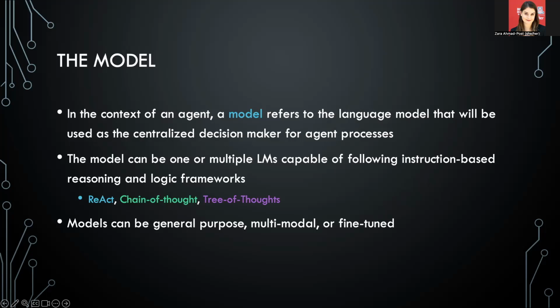You can also have multiple. In something like a GPT model, there's a moderation service. Is that the responsibility of the agent? Would the agent be the one filtering for things like that? That's a really good question.